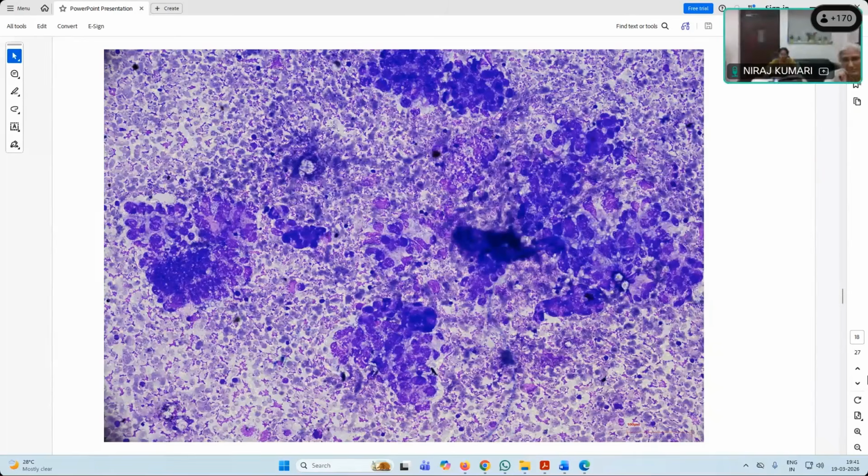If you want to confirm germ cell, any IHC marker which you would like to put? SALL4, ma'am. Yes, you can do a SALL4. SALL4 is a pan germ cell marker. And for confirmation of yolk sac? Ma'am, we can do Hep Par, arginase, glypican 3. For the confirmation of yolk sac?